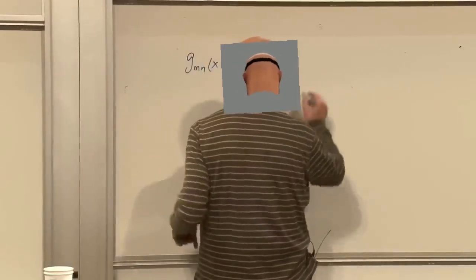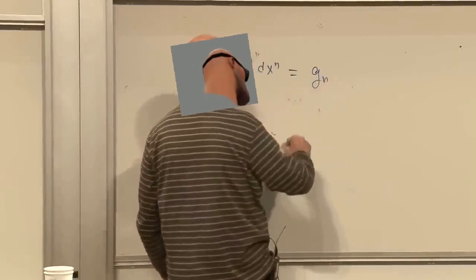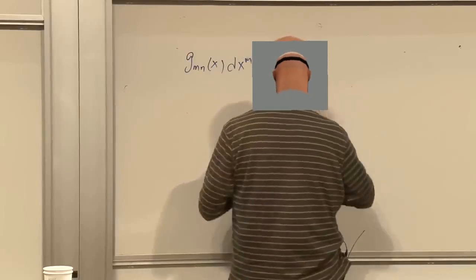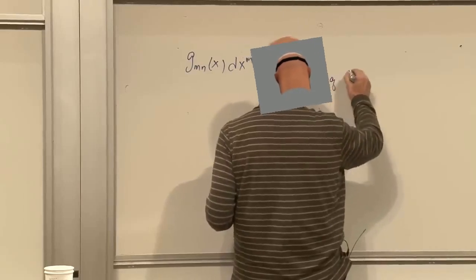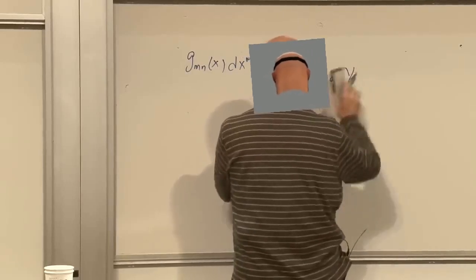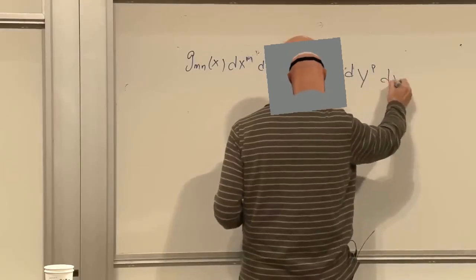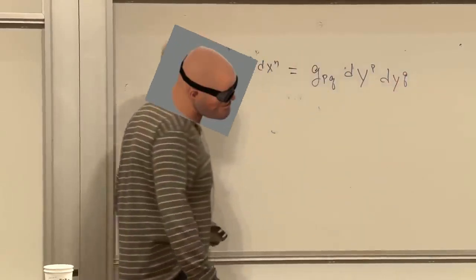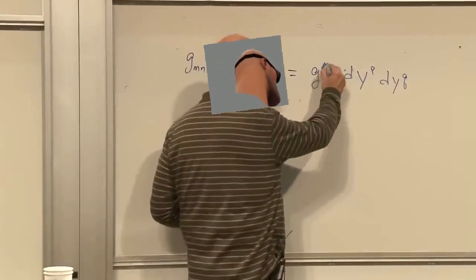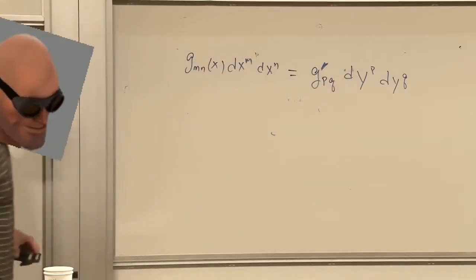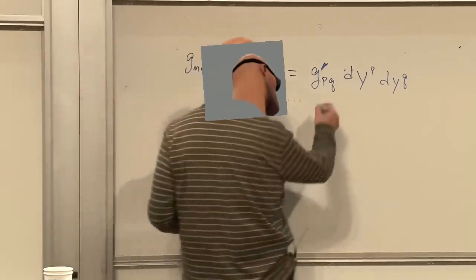This must be equal to, let's call it g_pq, I don't want to use the same index, g_pq dy^p dy^q. Now, there's something wrong. This isn't quite right. That's because this should be the primed components of the tensor, the tensor in the primed coordinates, in the y coordinates.